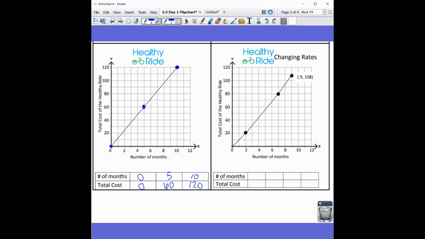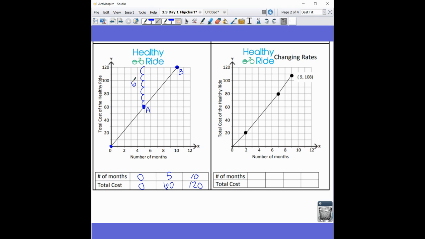$60. So when we're talking about the rate of change, if we wanted to use the graph, you pick 2 points. So I'm going to call this point A and point B, and you just have to figure out the vertical change. So I go up 1, 2, 3, 4, 5, 6, but you have to pay attention to what you're counting by because I'm not going up 6 units. If I'm counting by tens here, I'm going up by how many units? 60, because I'm counting by tens.